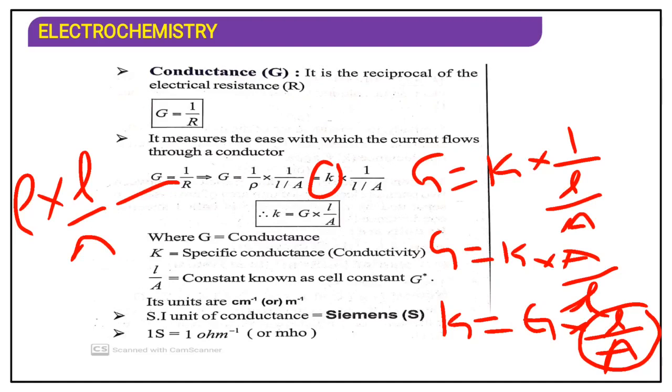The cell constant units are centimeter inverse and meter inverse.